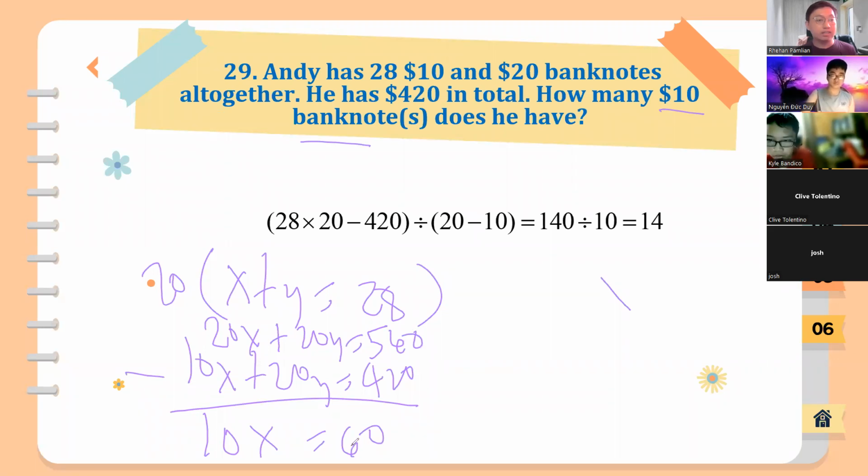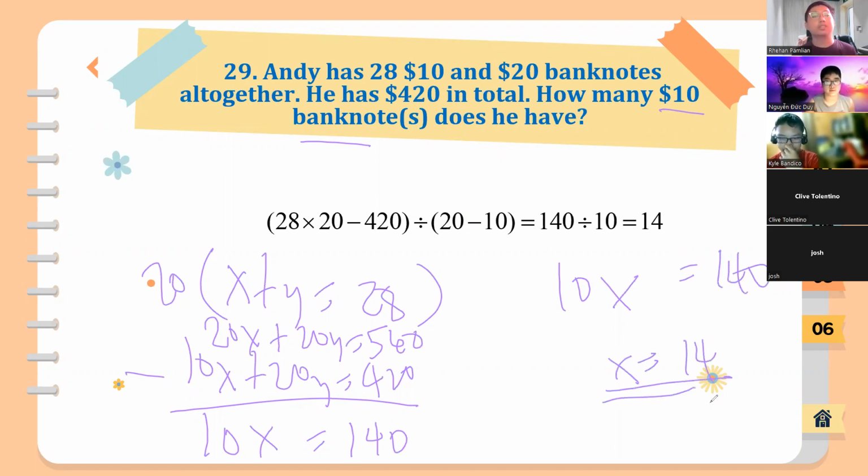So 560 minus 420, that is 140. So 10X is equal to 140, X is then equal to 14. So meaning there are 14 $10 banknotes, okay? So that is how you do algebra here.